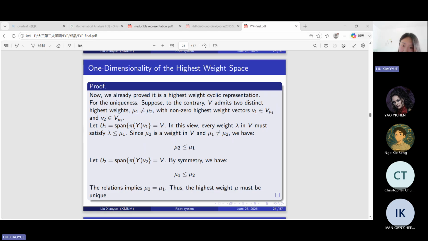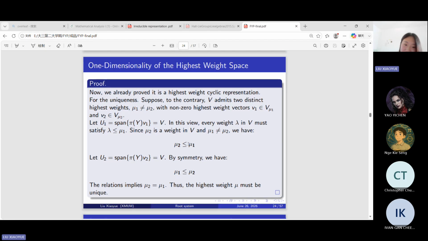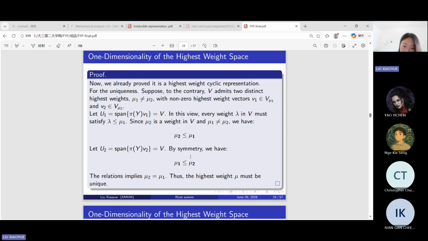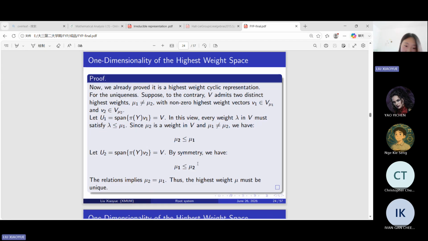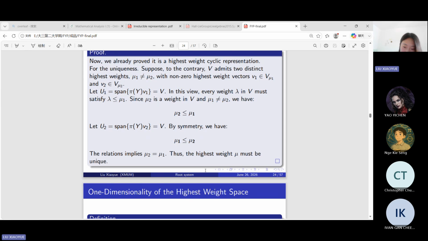In this view, we know that every weight lambda in V must satisfy lambda less than or equal to mu1. Since mu2 is a weight in V and mu1 is not equal to mu2, we have mu2 less than mu1. And for U2 the same statement holds, so we obtain mu1 less than mu2. So these relations imply mu1 must equal mu2. So the highest weight mu must be unique.